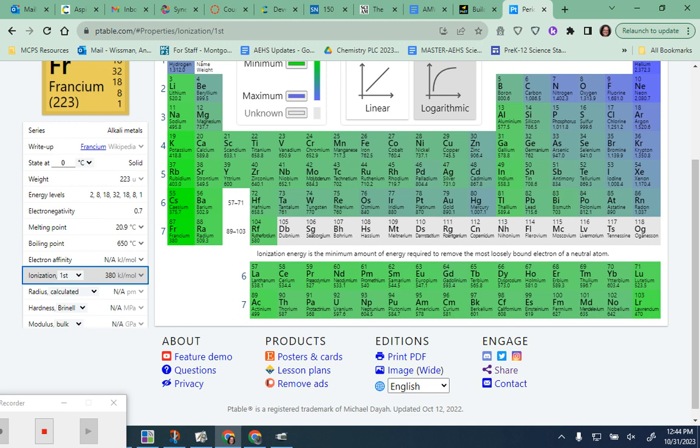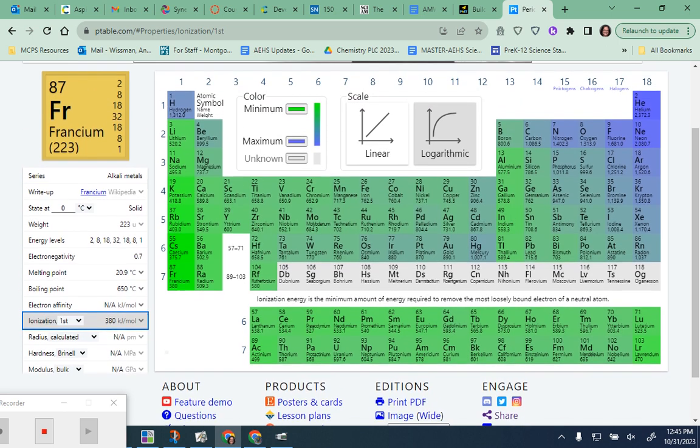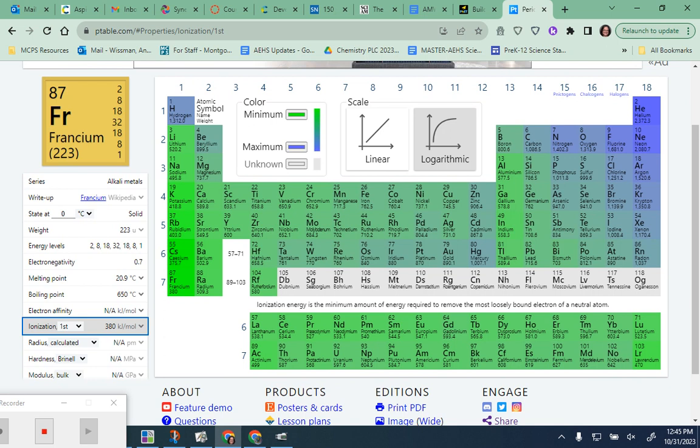And what you can see here is, generally speaking, we are increasing our ionization energy. Our high is blue and low is lightest, brightest green. As we go from left to right, we're increasing our ionization energy.